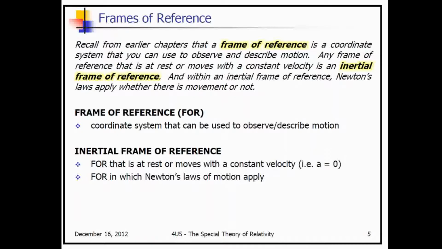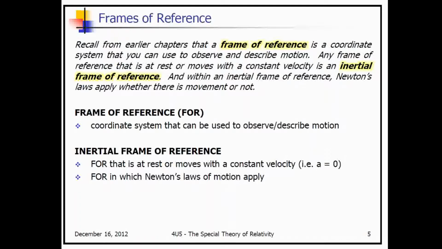So now we'll go back to Unit 1 from this course. And even on your formula sheet, if you recall, it says that for those 5 laws of motion that we use, acceleration needs to be constant. That means that our frame of reference is inertial.